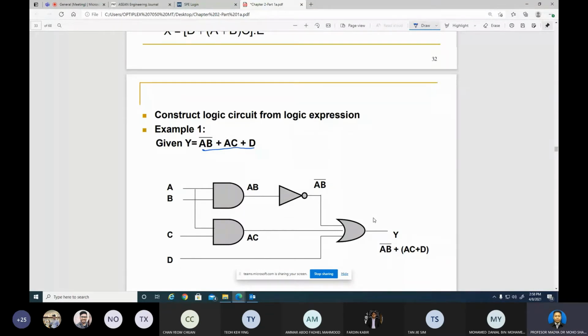Okay, this is my technique. Maybe you can start from this one, up to you. For me, normally I do reverse engineering. I reverse from the output to the input.